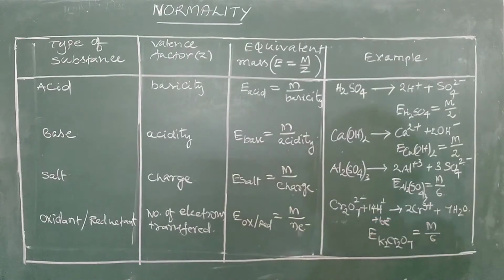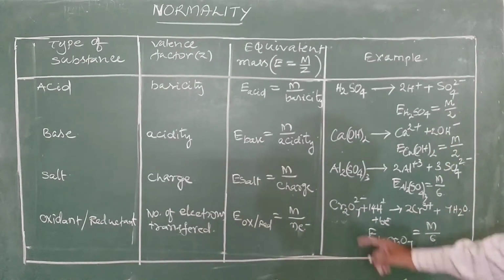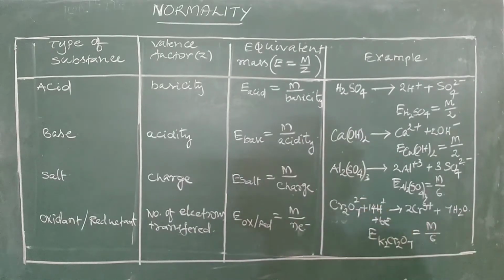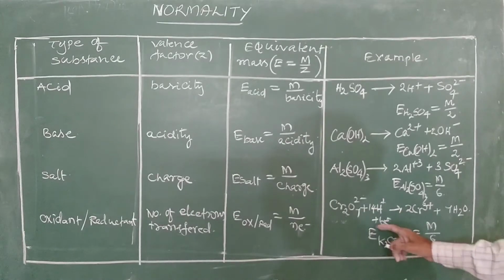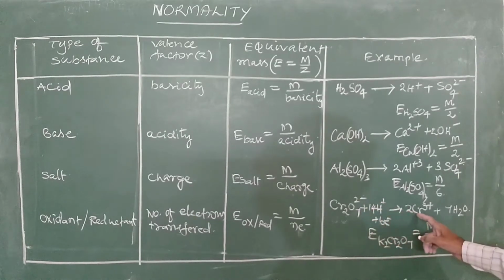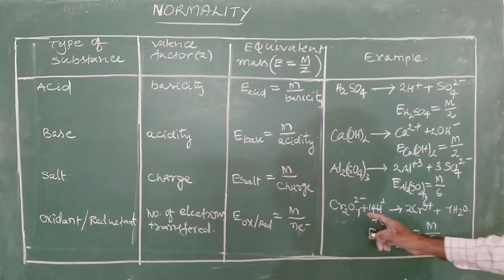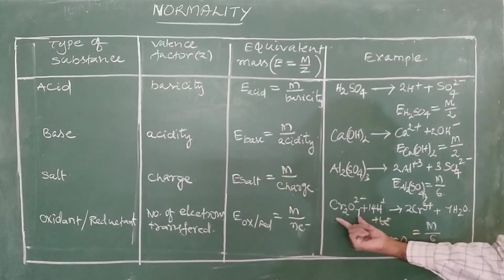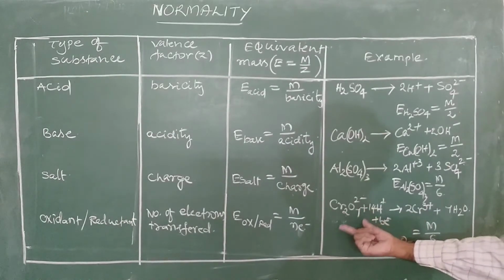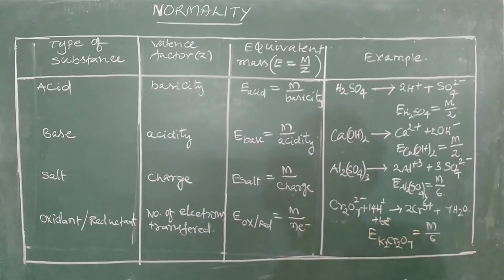Here we have taken the example of potassium dichromate. In potassium dichromate, the dichromate ion acts as the oxidizing agent, and it is gaining 6 electrons in acid medium. The dichromate ion is reduced to Cr plus 3 ion in acid medium, which we have to remember. So it is gaining 6 electrons per ion, and that is the number of electrons gained.